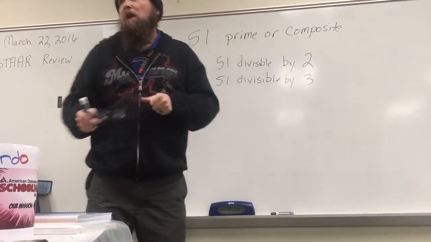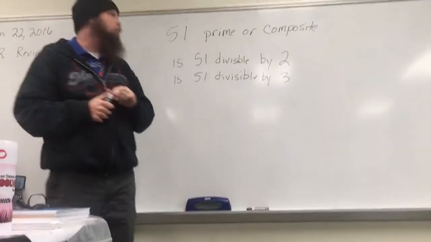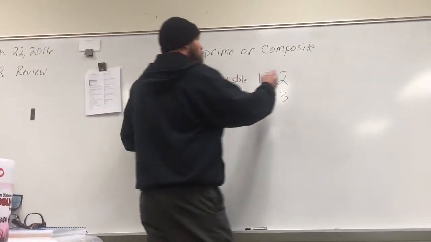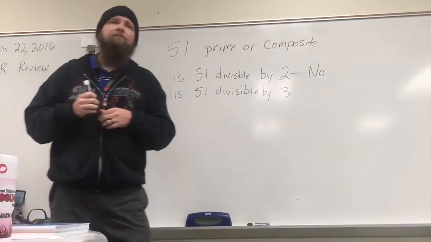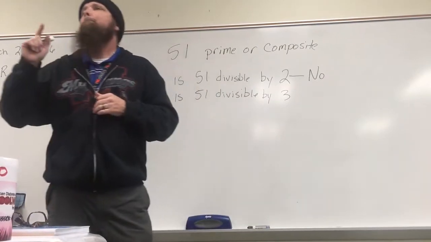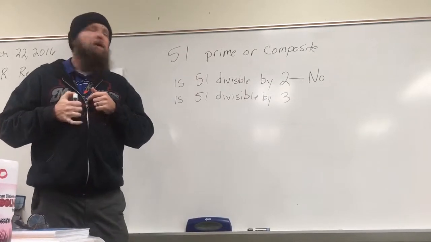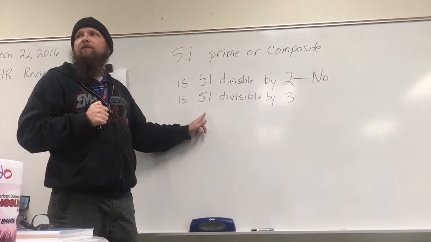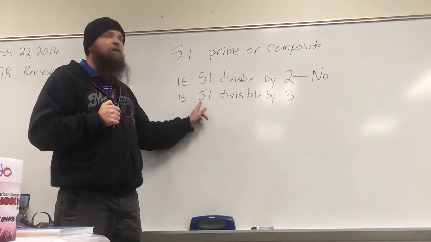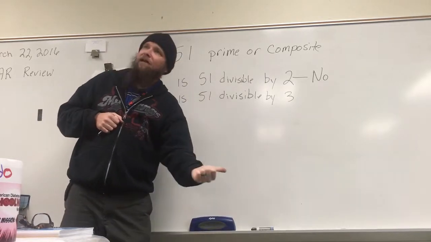So, Brock, is 51 divisible by 2? No, it's not. Because it doesn't end in a 0, 2, 4, 6, or 8. Brock, is 51 divisible by 3? Excellent. Yes, it is. Because the sum of 5 and 1 is 5 plus 1, which equals 6.